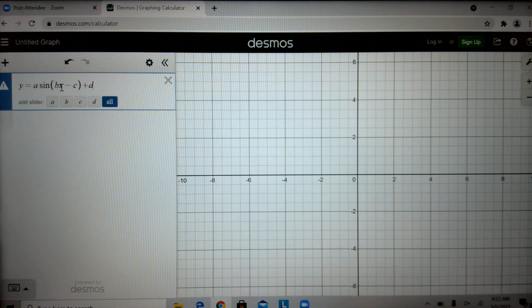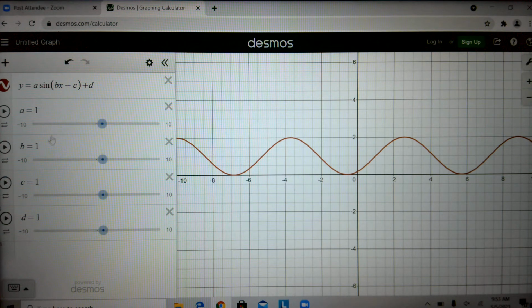And at this point it's going to ask you to add sliders for a, b, c, and d, or all. And what I want you to do is go ahead and click for all. And this screen is going to pop up. We're not going to worry about these at this point, but we will eventually move those around and change them.